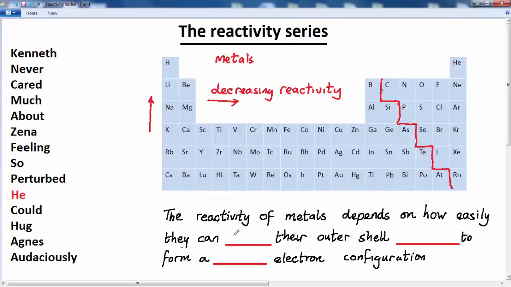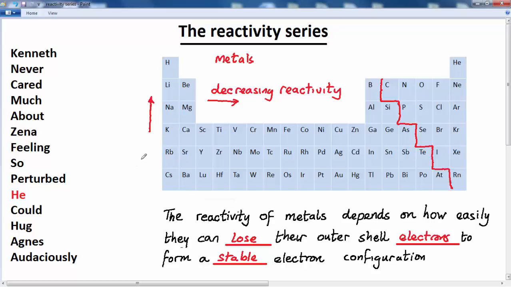So what the metals want to do is to lose their outer shell electrons in order to form a stable electron configuration. Looking at the group 1 elements, each of these has one electron in its outer shell, and potassium is able to lose that outer electron more easily than sodium, and that makes potassium more reactive.